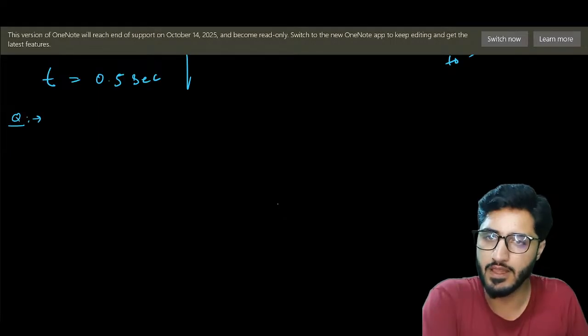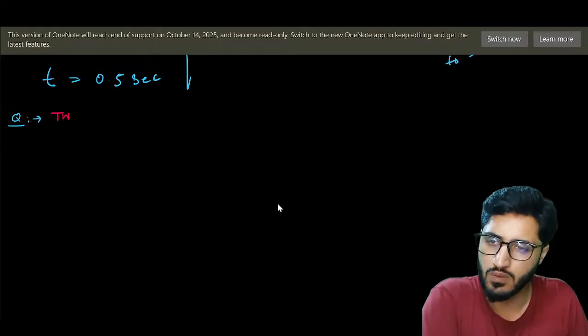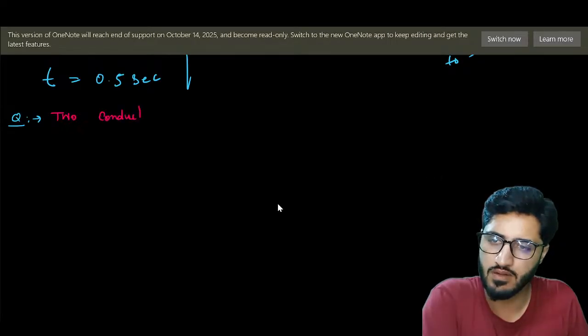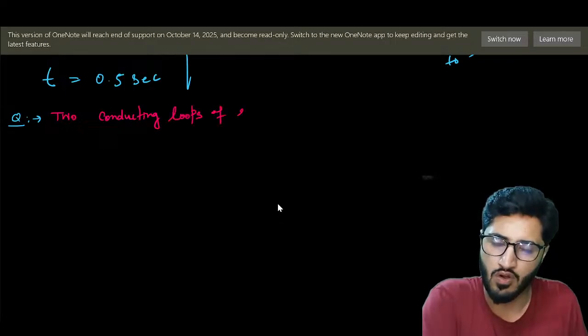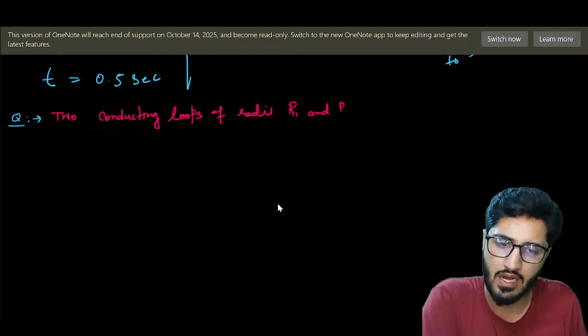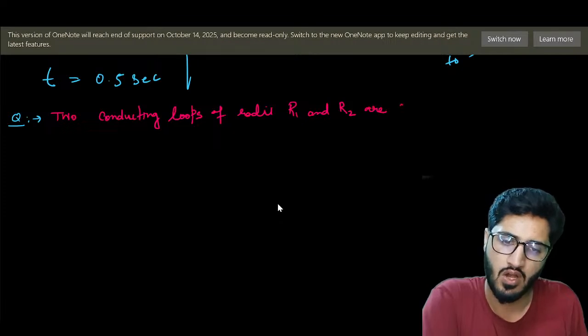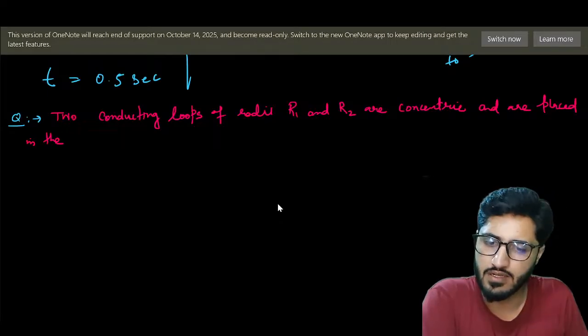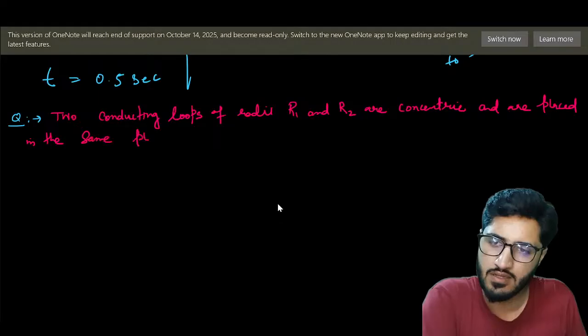Now, numerical 2. Two conducting loops of radii R1 and R2 are concentric and are placed in the same plane.